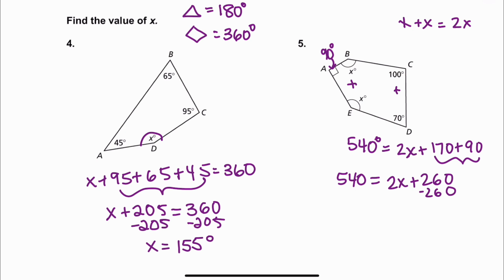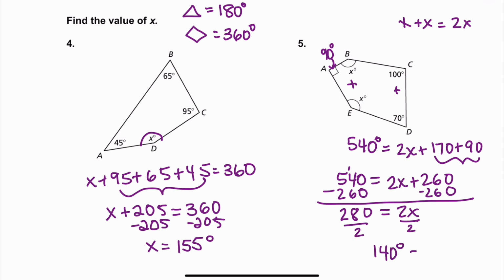Minus 260 from both sides gives me 280, and then we divide by 2. And so you're going to have 140 degrees for each of those x values. So if I take 140 plus 140 plus 100 plus 70 plus 90, I should get 540 degrees there.